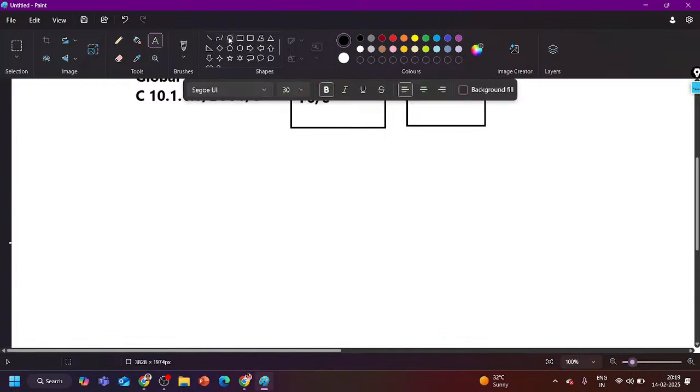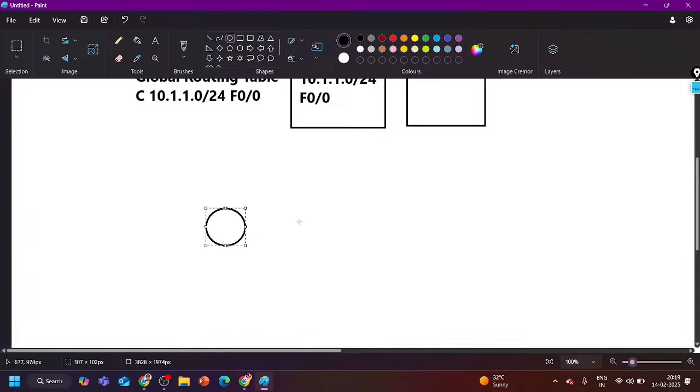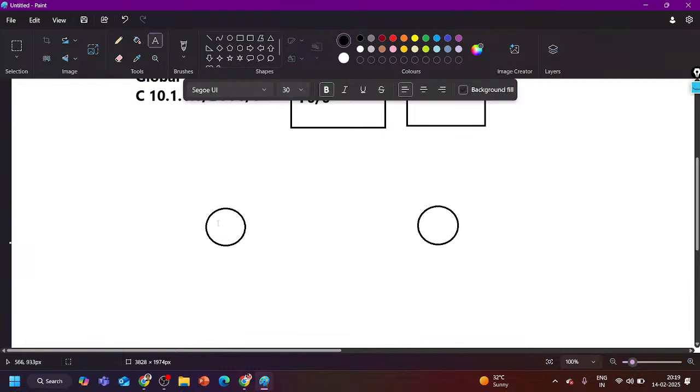For example, router 1, router 2. I am not talking about the P router. These two are provider routers, R1 and R2.